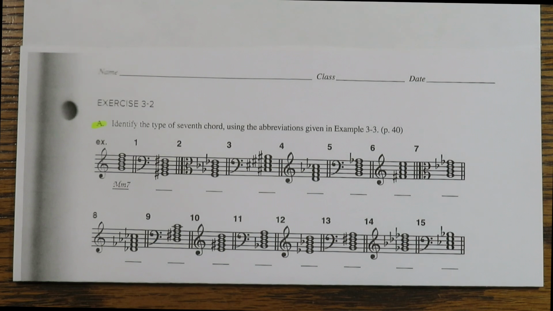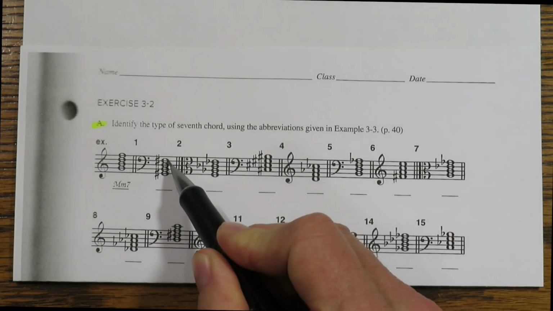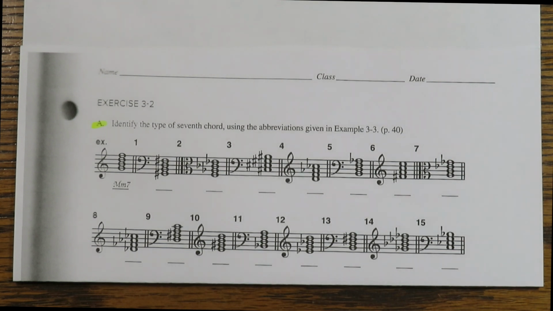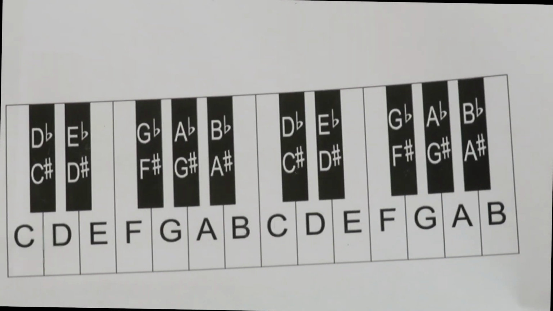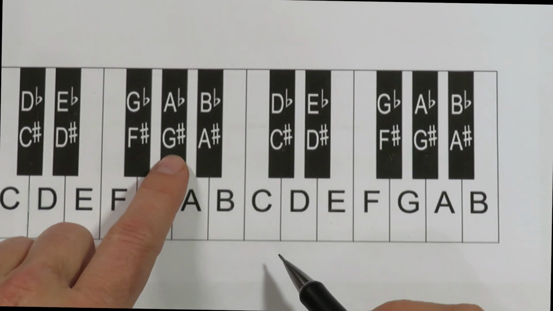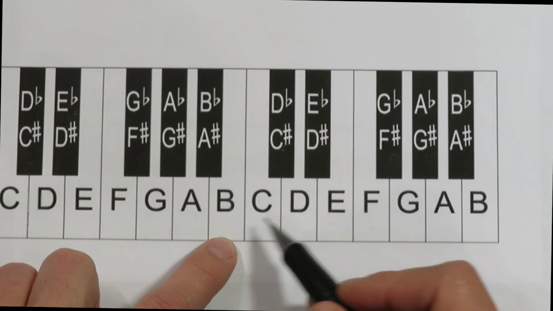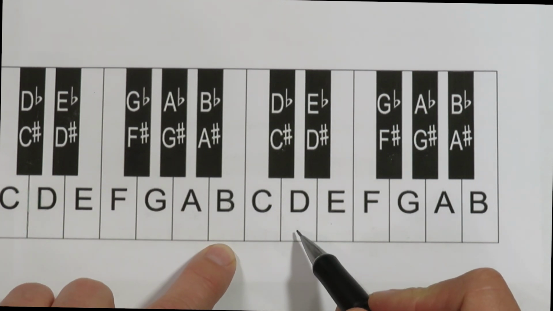So first let's see what kind of triad it is, and then we'll figure out what kind of 7th it is. So G sharp, B to D. So we have G sharp to B is a minor 3rd, and B to D is a minor 3rd.